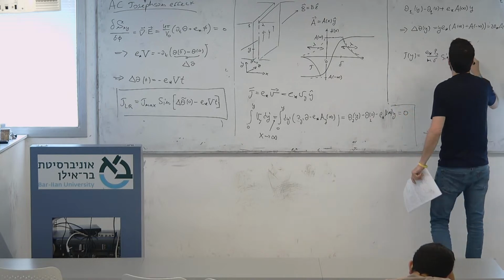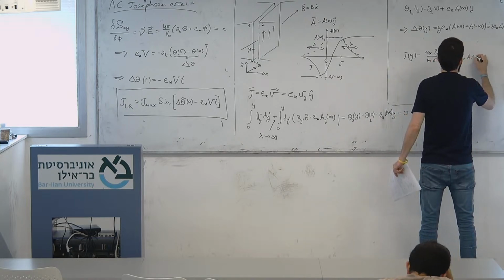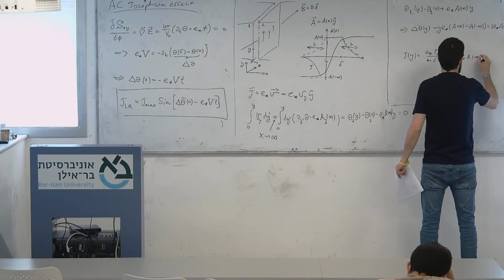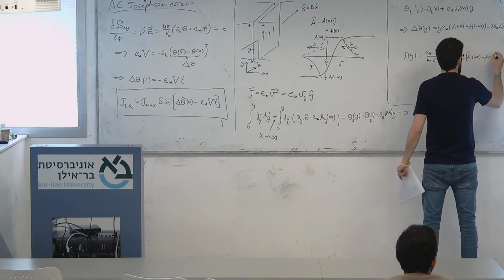So we just get Y E star A of infinity minus A of minus infinity.